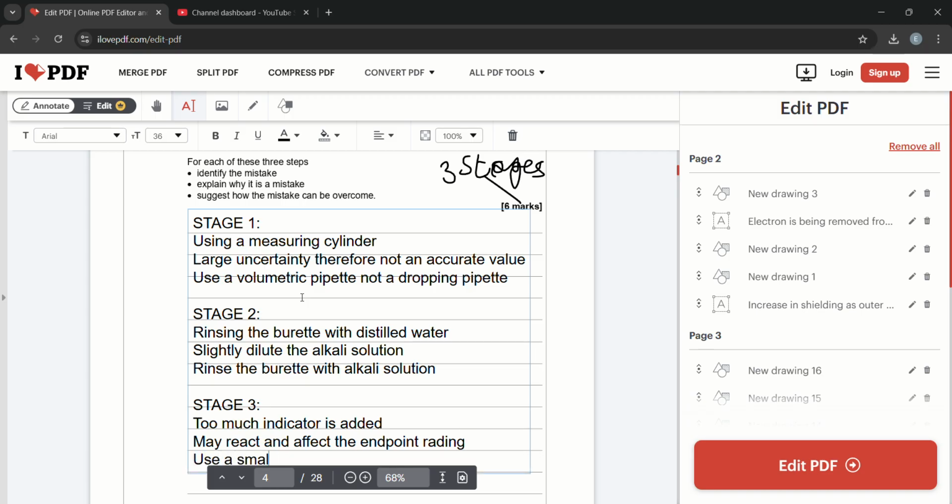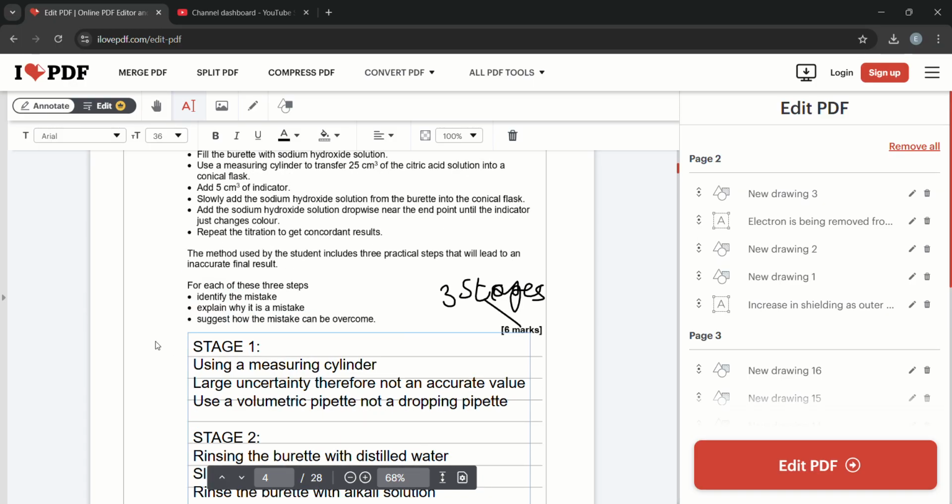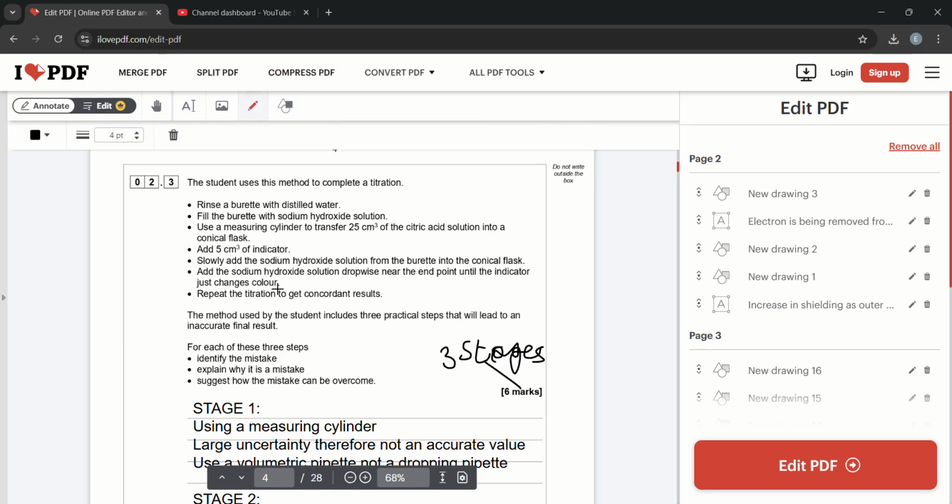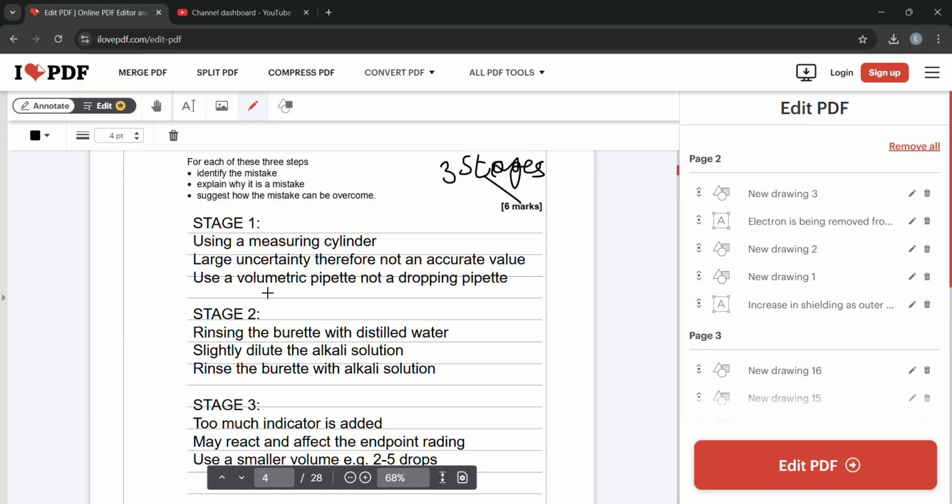So use a smaller volume, for example, 2 to 5 drops. That's 6 marks. There are 4 stages in this mark scheme, but it says choose the best 3 stages out of 4. So they mark you on only 3 of the best 4 stages.